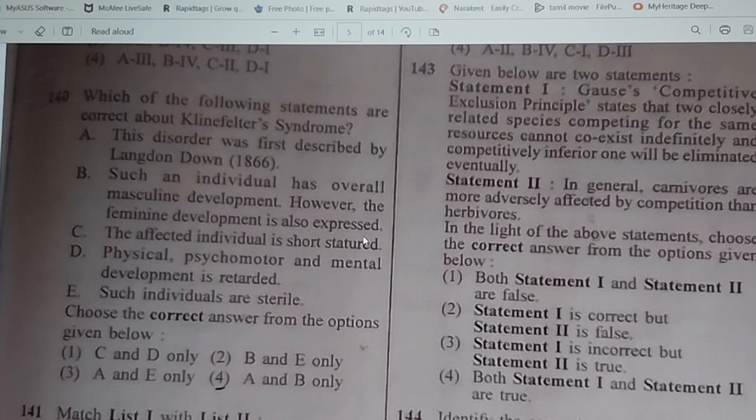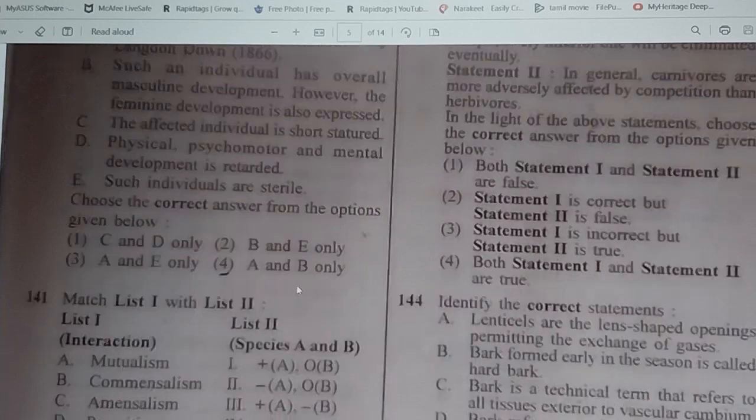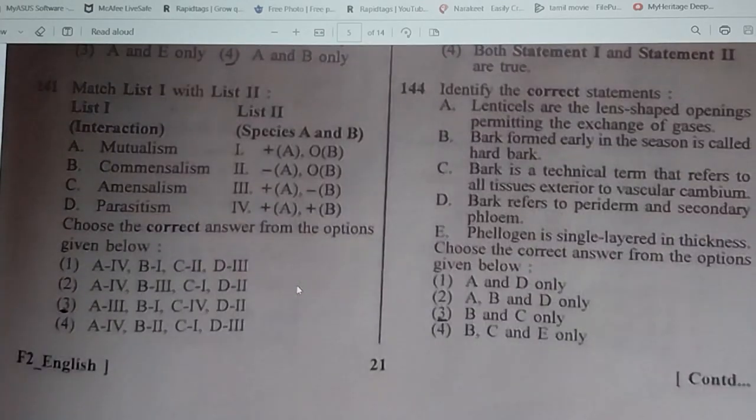140. Which of the following statements are correct about Klinefelter syndrome? The individual has masculine development, and feminine development is also expressed, which is correct. Okay, and such individuals are sterile. So option B is correct. It is an NCERT statement line. 141.